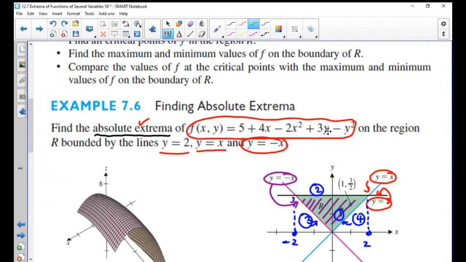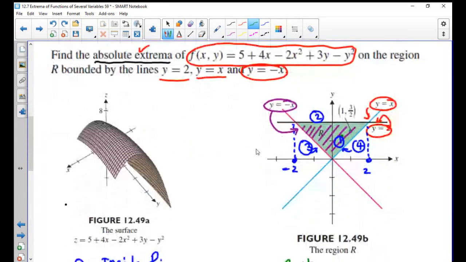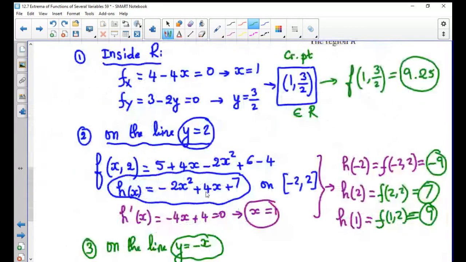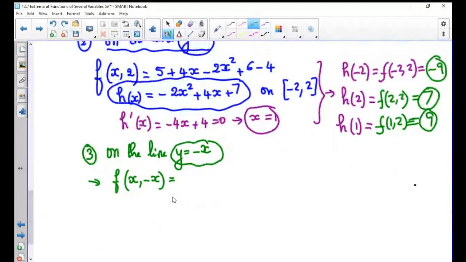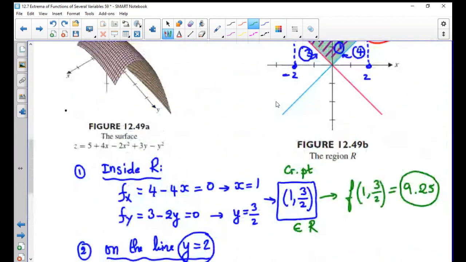This y will be replaced with minus x. Exactly. So I will replace it with minus x and simplify. And this time I will give you the answer. It's minus 3x squared, yeah, plus x plus 5. This is what we will get on the line y equal minus x.